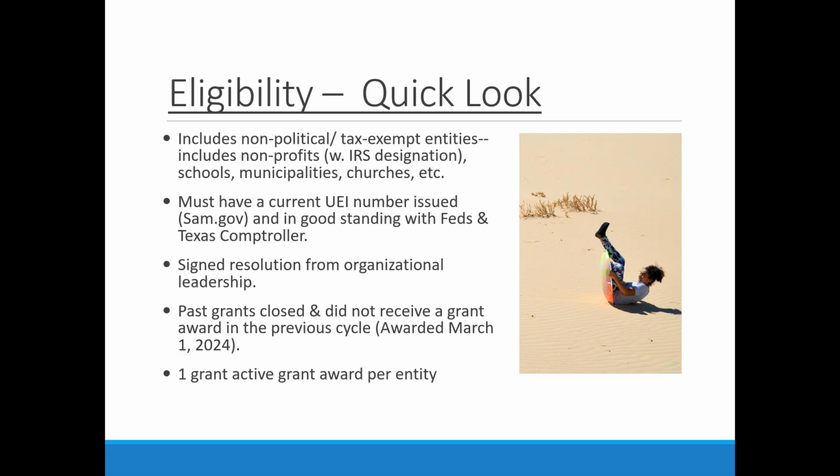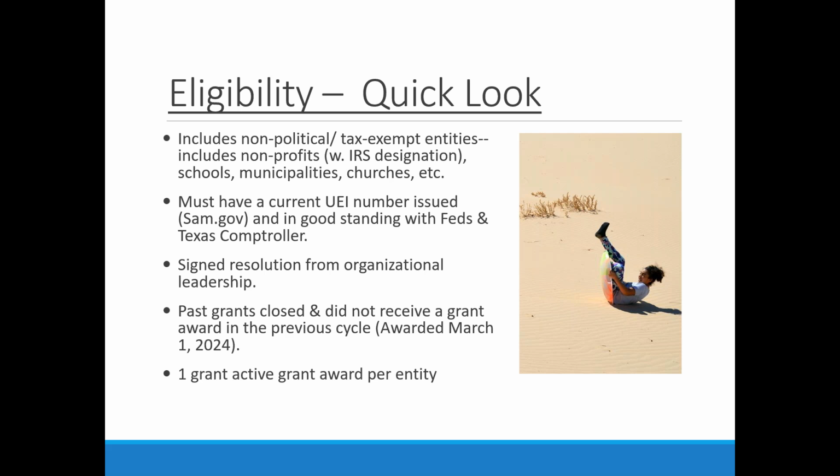The organization needs also to be in good standing with the Texas Comptroller of Public Accounts. Applications must have a resolution signed by a governing board or authorized official dated within 1 year of the application submission, and the resolution must indicate authorization for authority to submit, including the amount of the grant request.